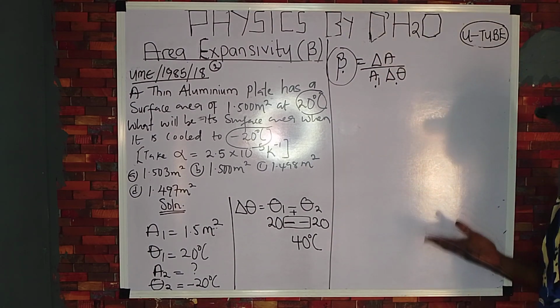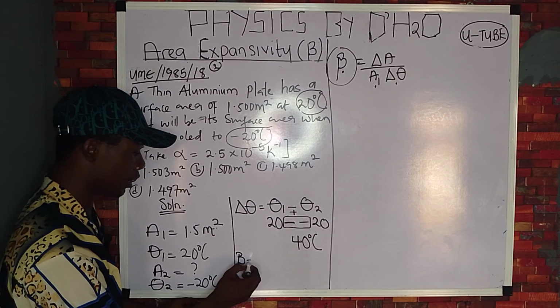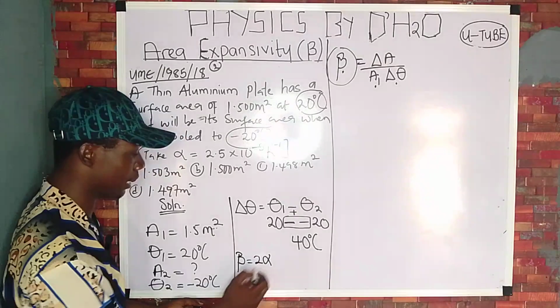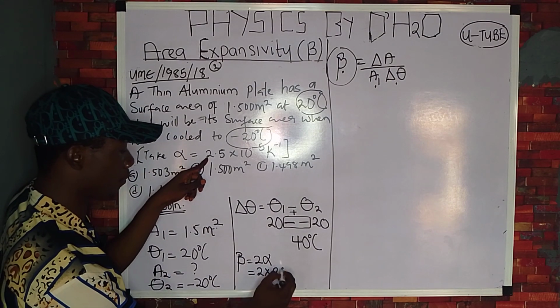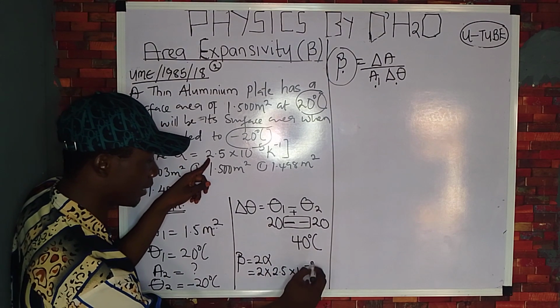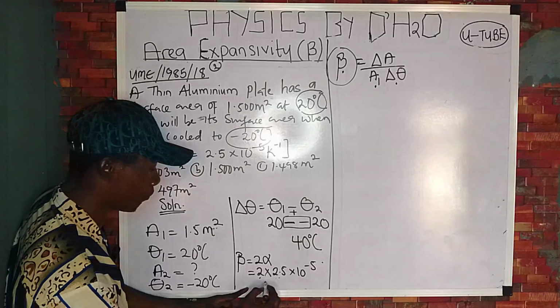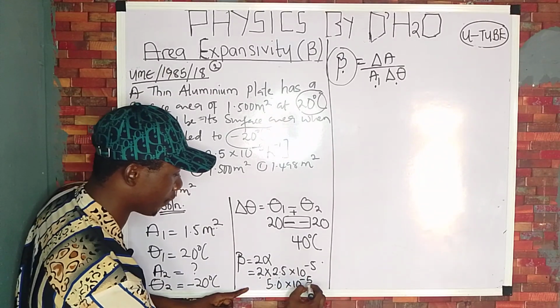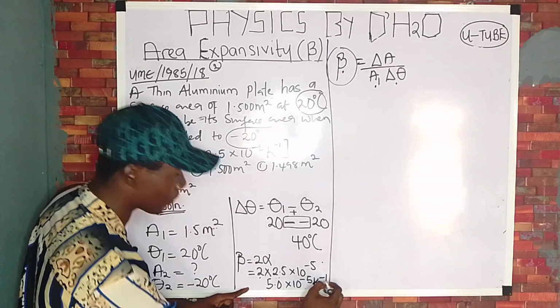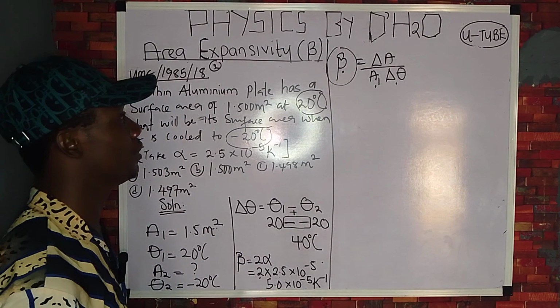And remember, I told you that your area expansivity is equal to 2 times your linear, so that you have 2 times 2.5 times 10 raised to the power of minus 5, which will give us 5.0 times 10 raised to the power of minus 5 per Kelvin. I've told you, whether you have per degree Celsius or per Kelvin, they are the same.